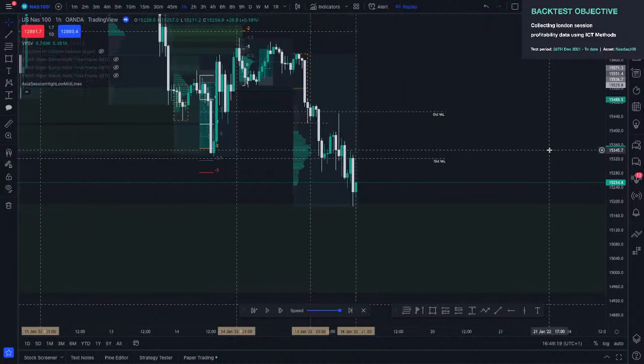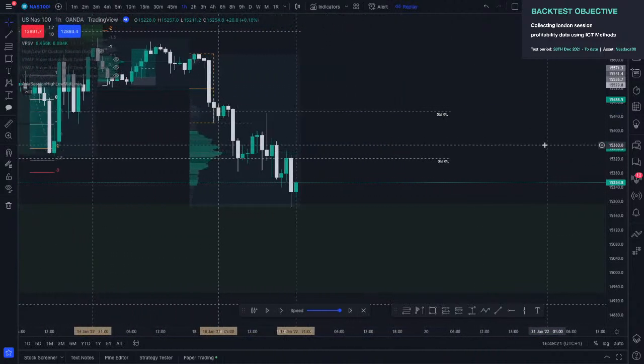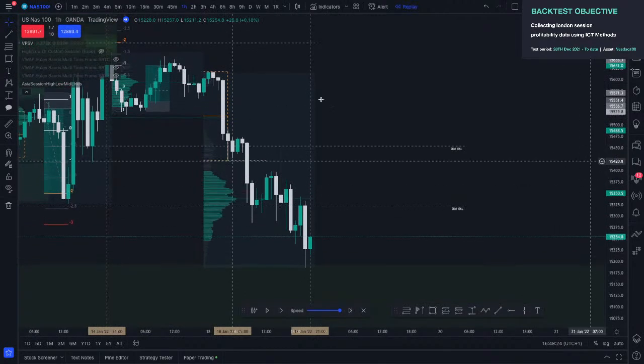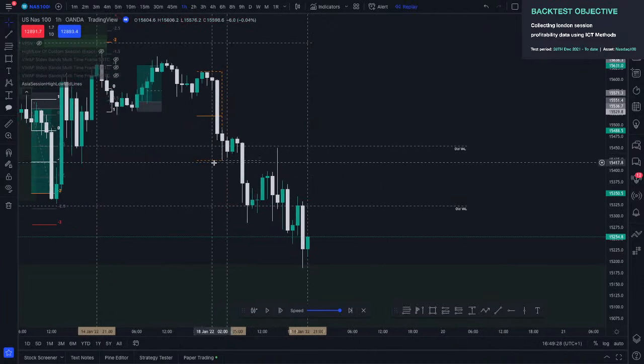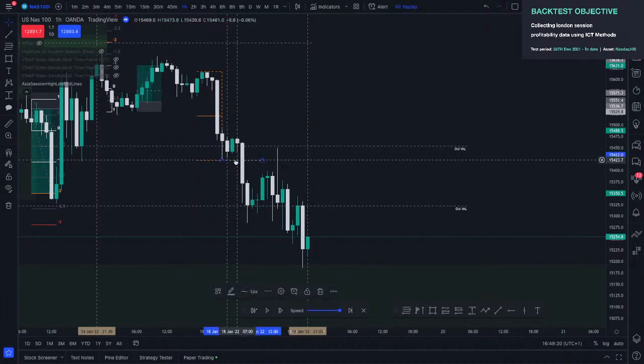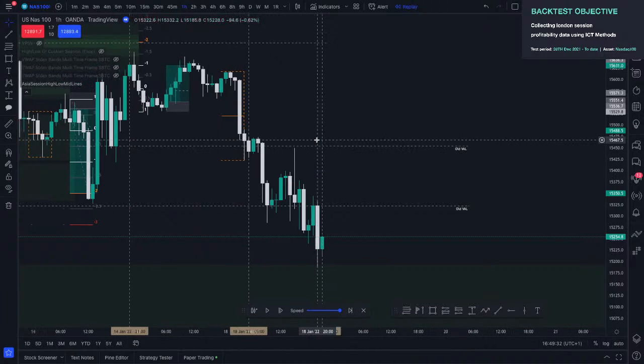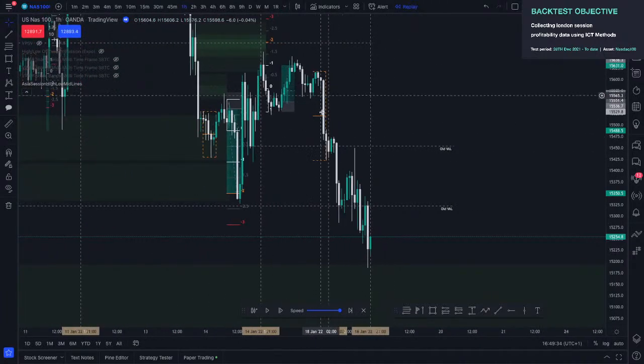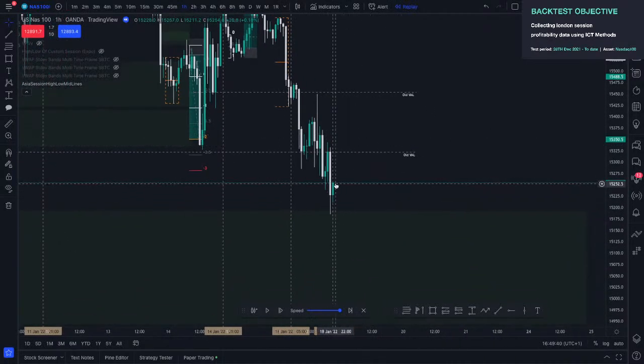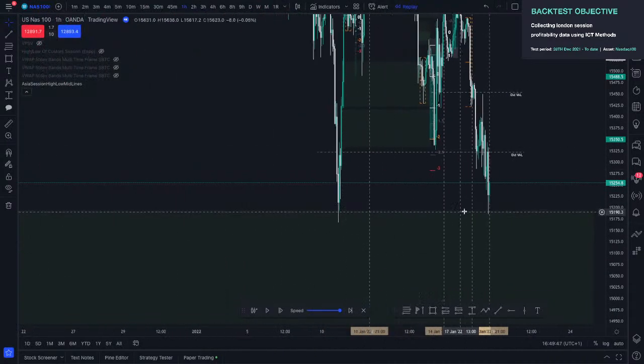Okay. So just turn these off. It's looking quite busy now. I don't need this anymore. Alright, so I don't really see, I see impulse, base, impulse. So I think the market may open, run down, and then come back later, and then drop.